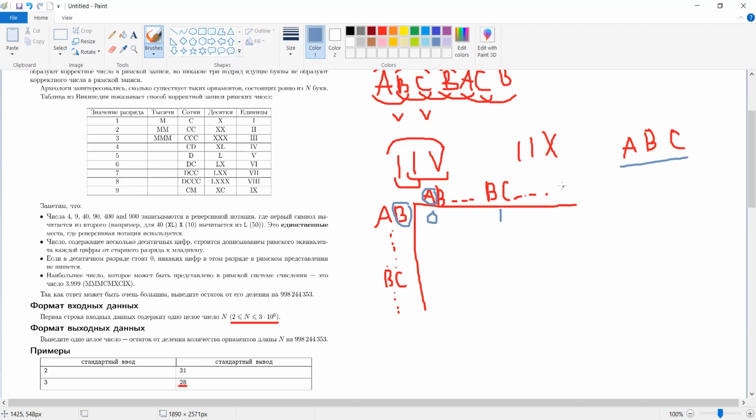Then we can have something like ABF, but ABF is not in the list of all ornaments of length 3. Then we also write here 0. So we fill our matrix with such numbers.